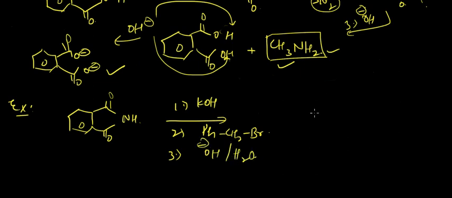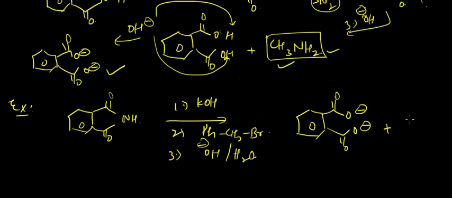So what would be the product formed? Obviously we would get something like carboxylate ions, and we will also get Ph CH2NH2.